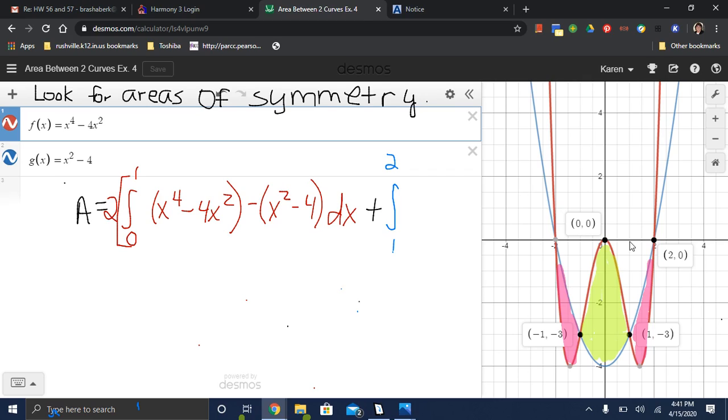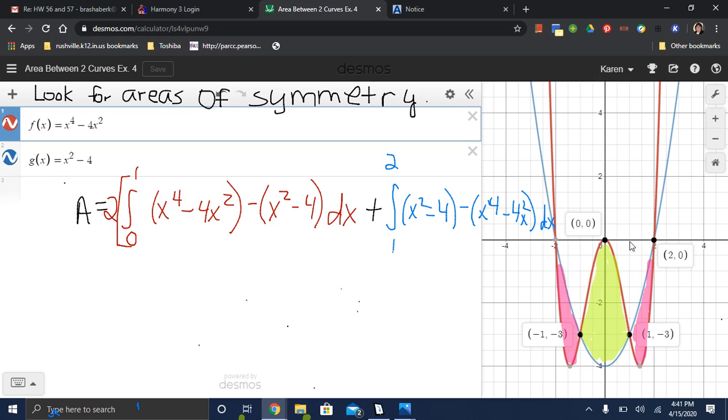Now the parabola is the top graph. And so we'll integrate x squared minus 4 and subtract from that. So top minus bottom, x to the 4th minus 4x squared dx. Okay, so there's our setup.